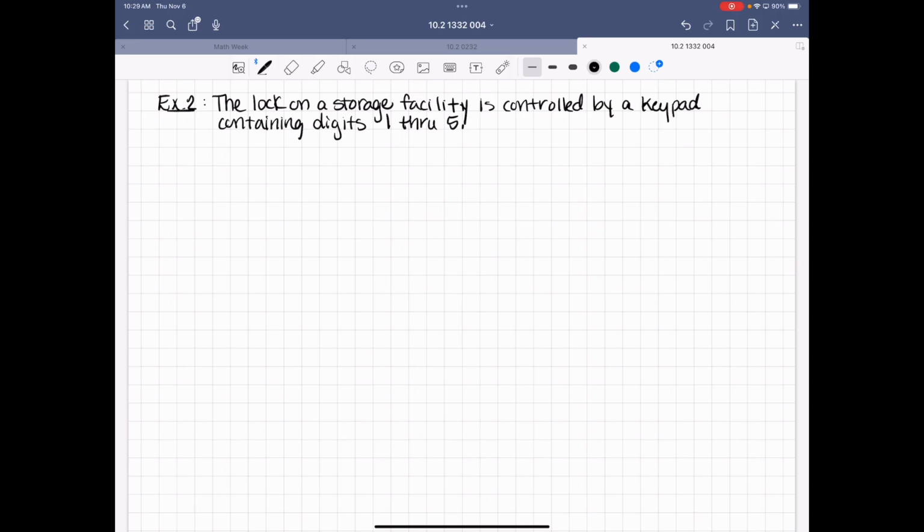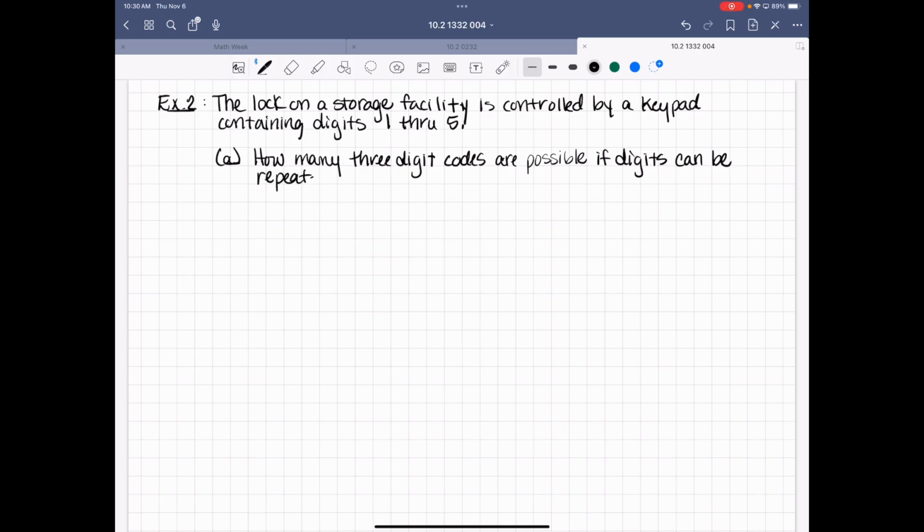A says how many 3-digit codes are possible if digits can be repeated. Okay, that right there, the can be repeated is important.